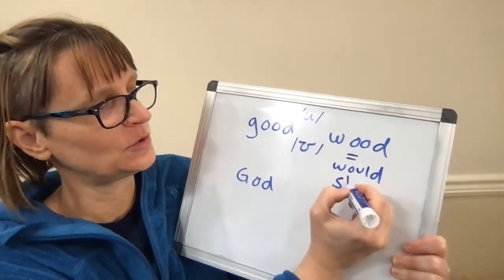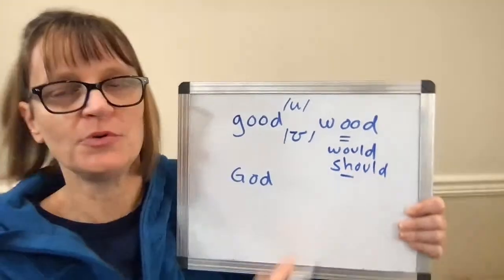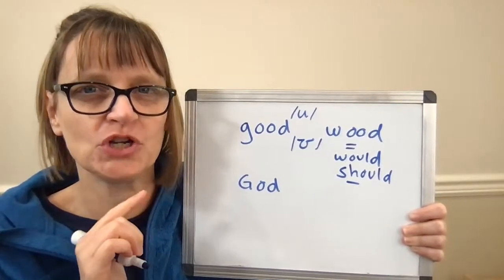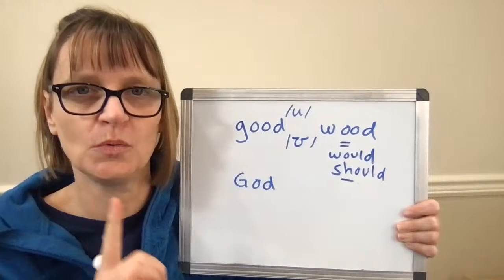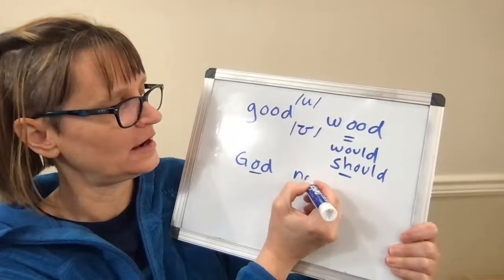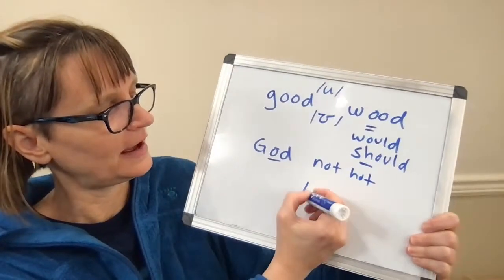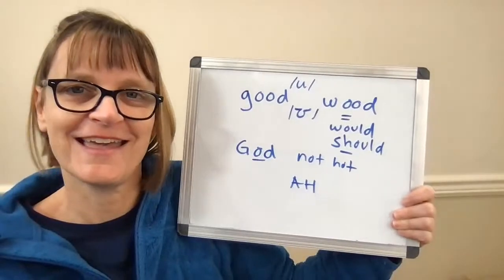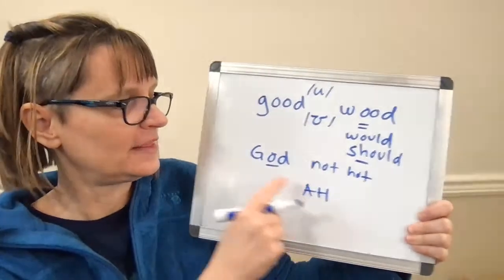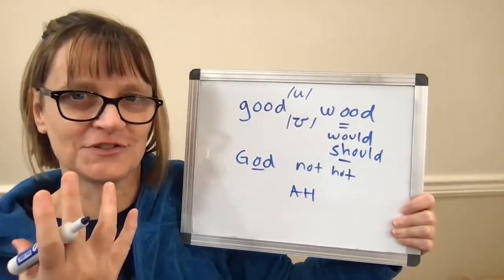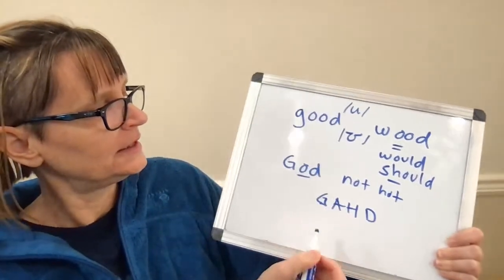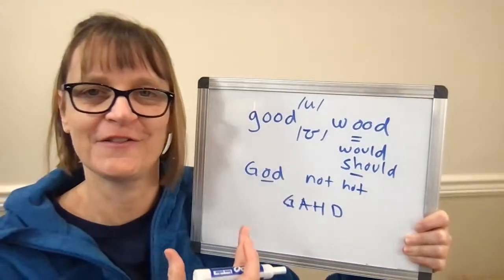I also like using the word should to help with those because the sh has that same lax rounding that we need for the should, good, would, versus God. This O is our not hot vowel, and I typically want to rewrite that with A or AH, especially for Spanish speakers, thinking of it as the ah sound that you associate with letter A. You can also pair another word that could help you.